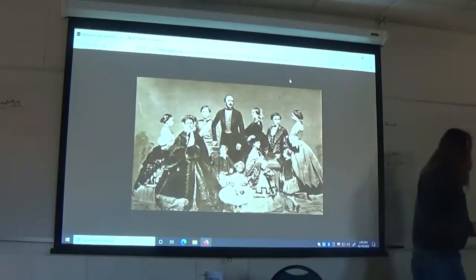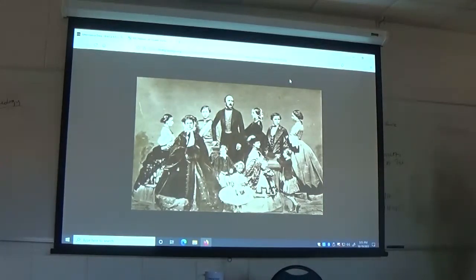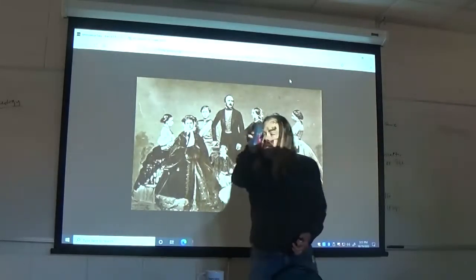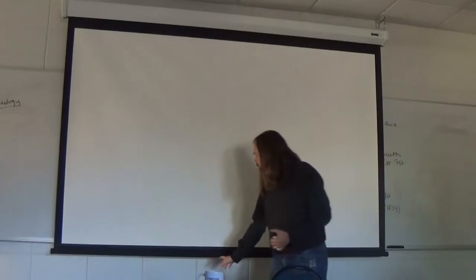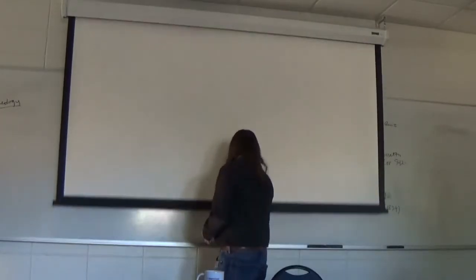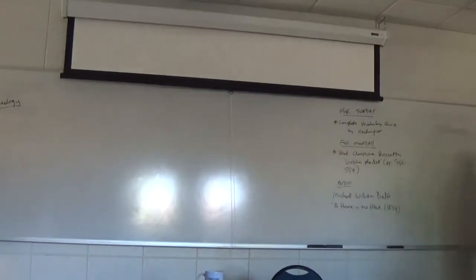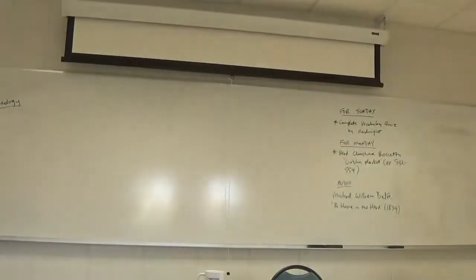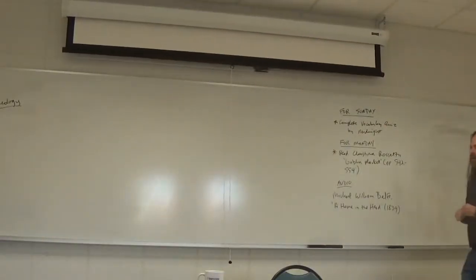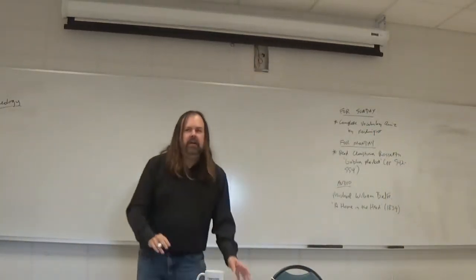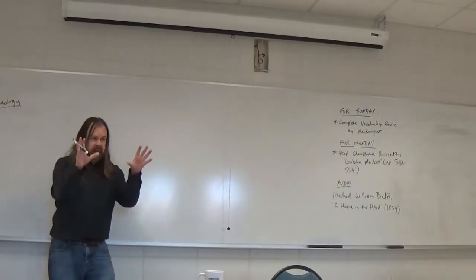But let's talk a little bit about what's going on here and try to break this down. Victorian gender discourse essentially argues that men and women operate in completely different spheres.